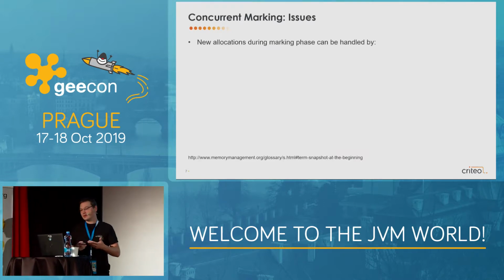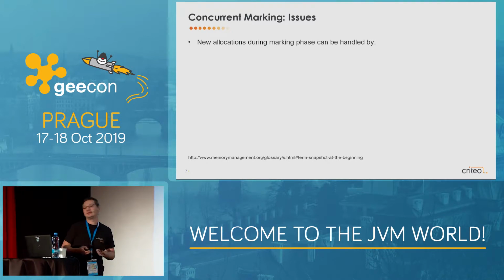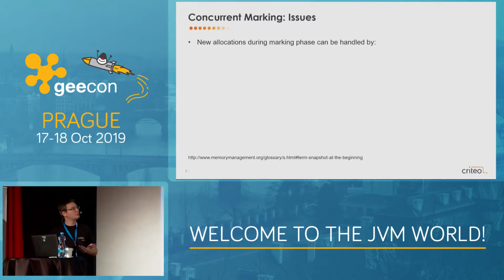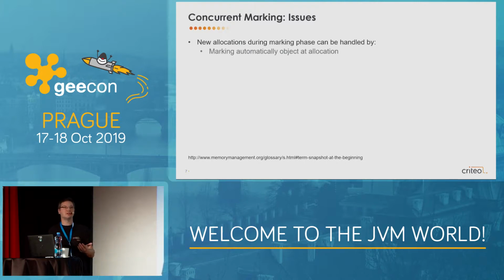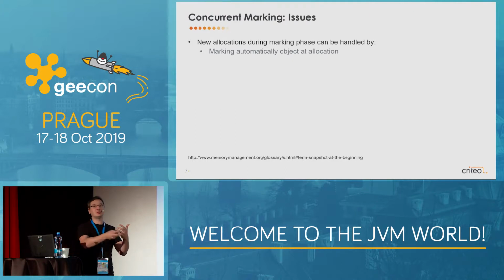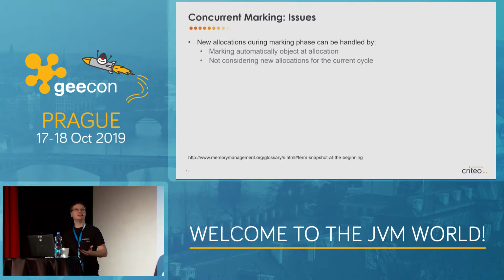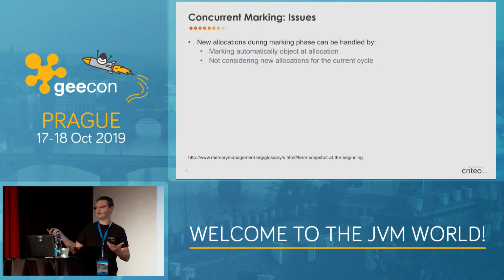If we allocate a new object during concurrent marking, there are two ways to handle this case. The first is to automatically mark the object black, because this new allocation is live, I will just use it right now. Or we allocate it in a certain space, at an address that is not considered during the current GC cycle, and we will look at it in the next one to see if it is still alive or not.